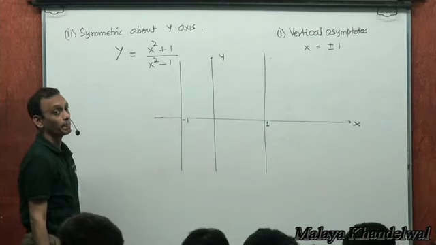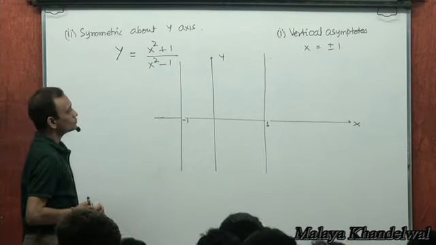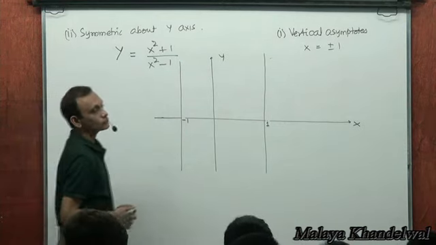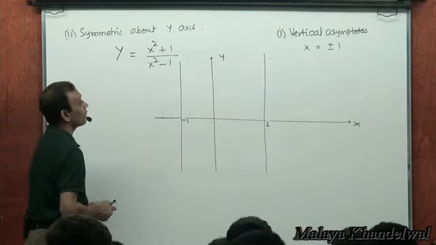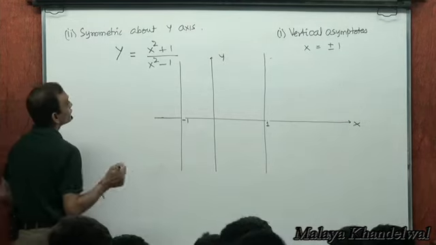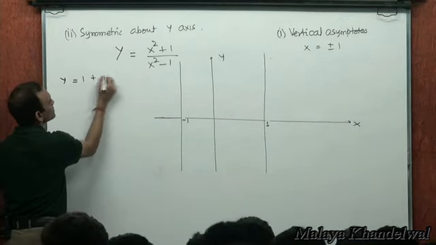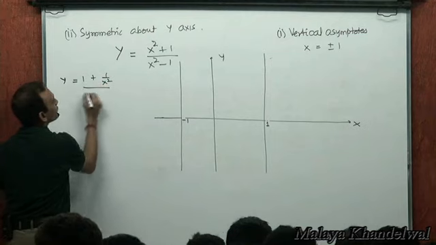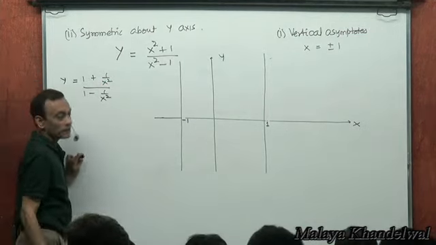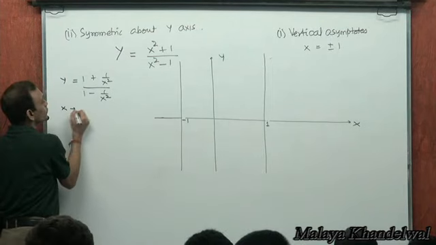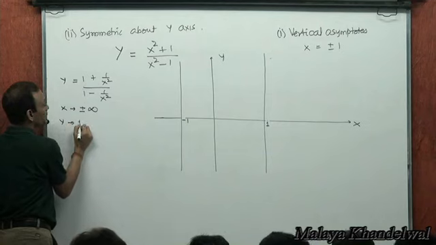Right? Yes or no? Makes sense. Also, realize that y could have been written as 1 plus 1 by x squared minus 1. So, as x tends to plus minus infinity, y tends to 1.